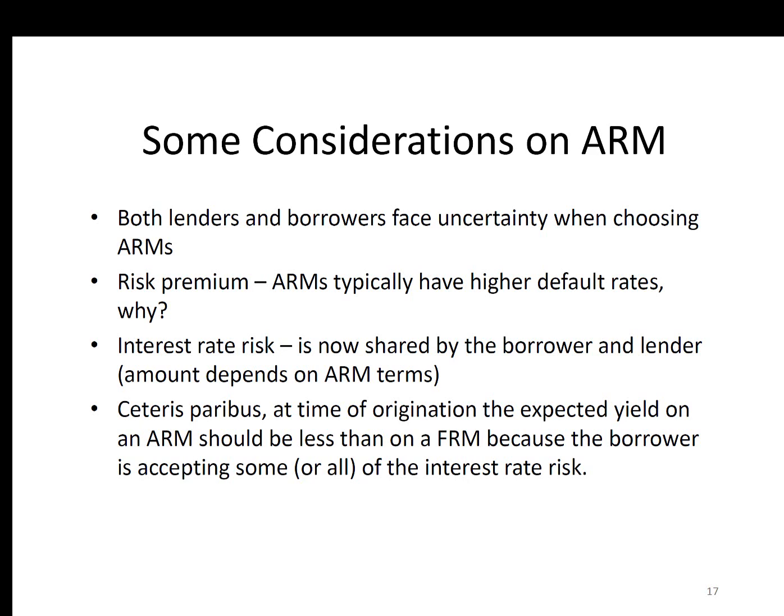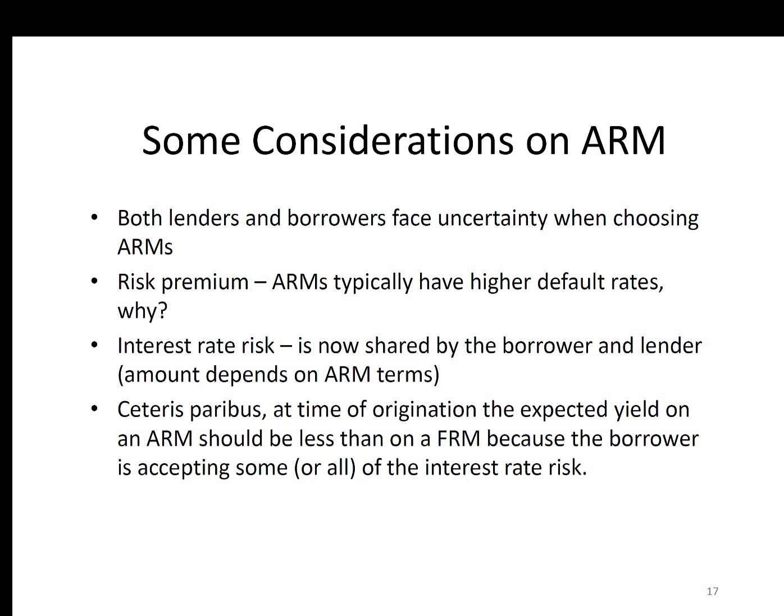But in the future, when the market interest rate increases, you have to pay a higher mortgage payment every month. Your income increase will not be enough to cover the mortgage payment. You may have difficulty paying the monthly mortgage payment, which will lead to a higher default rate.